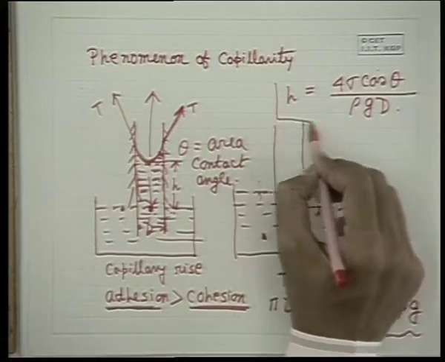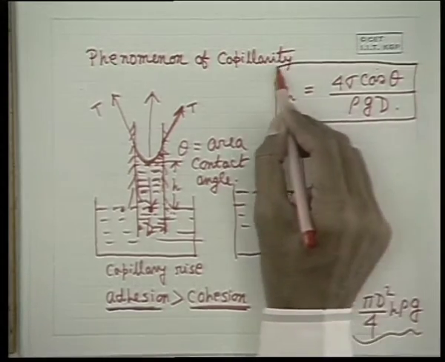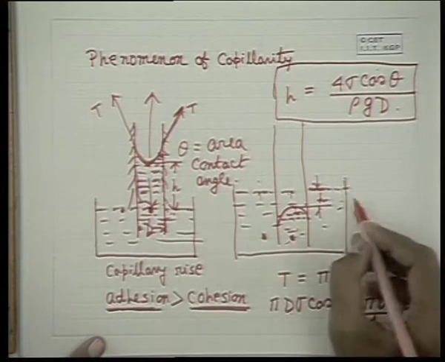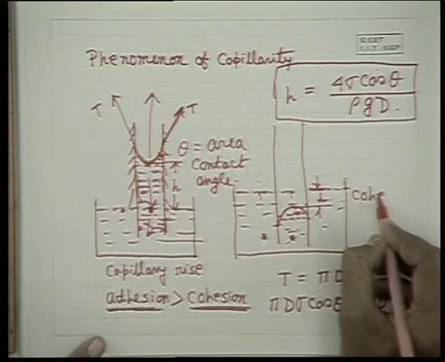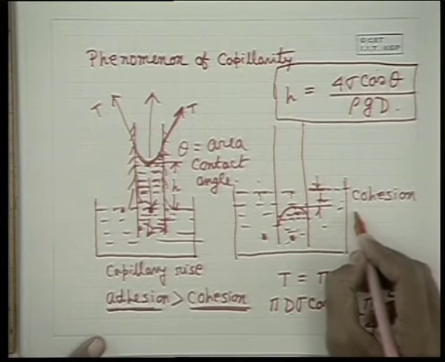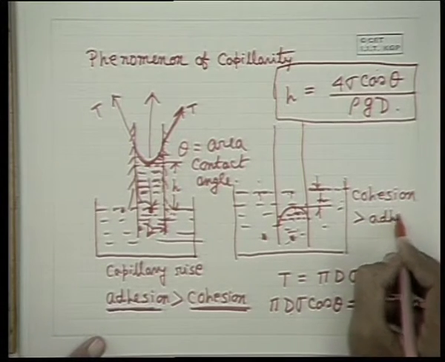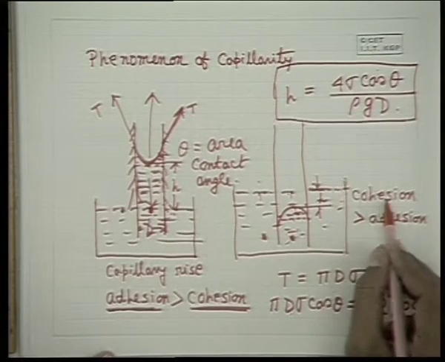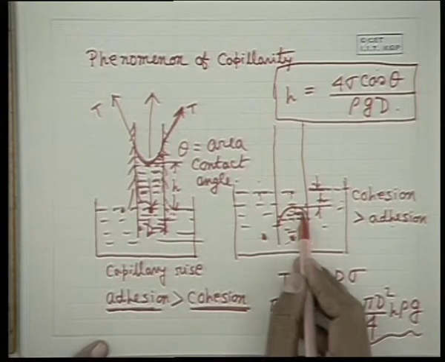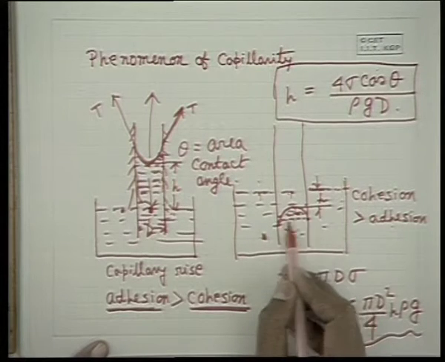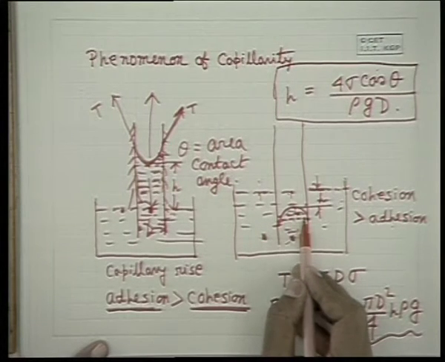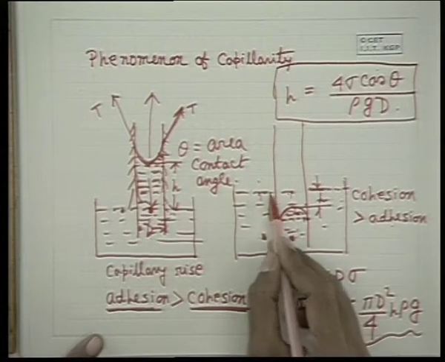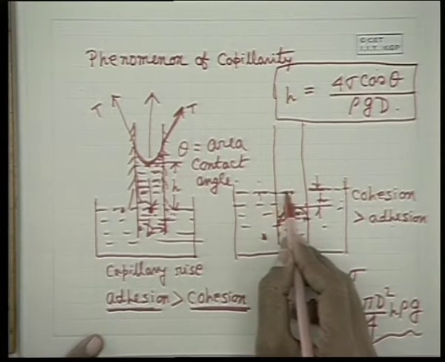A similar expression you will get for the capillary depression. The physical phenomenon is that in this case cohesion is more than adhesion. So for a liquid where adhesion is less than cohesion, what happens? The liquid molecules will crowd within each other, and their intermolecular forces drag them to come out from the free surface.